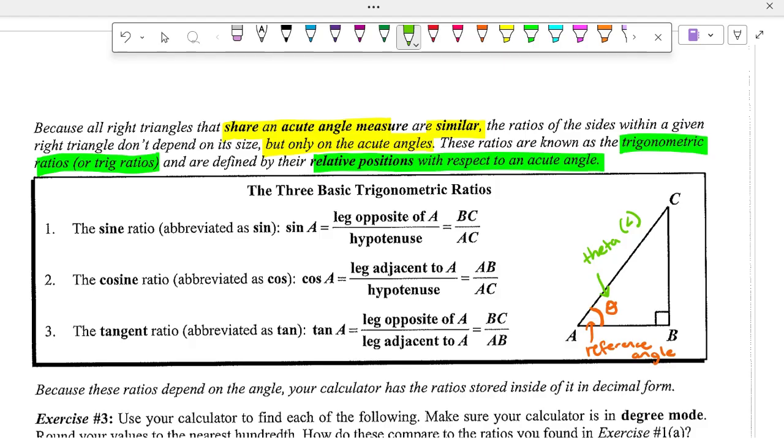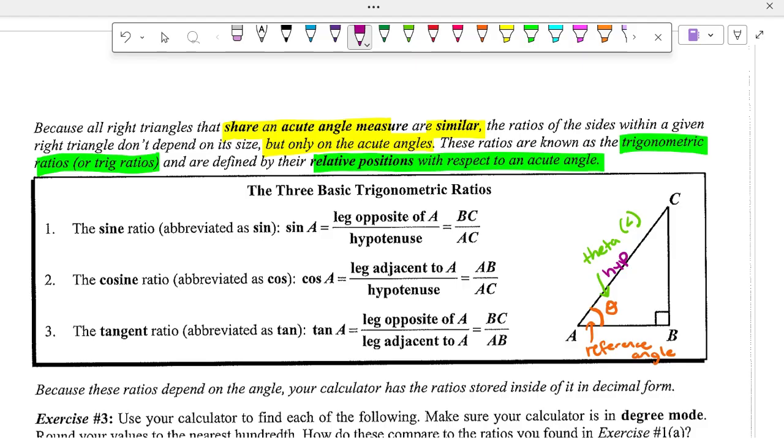So, how this works, you're talking about the sides in reference to the angle in question. The first one you should always label is the hypotenuse, which is what side length? AC. It's directly across from our right angle. The other two sides are the opposite side of the reference angle and the adjacent.